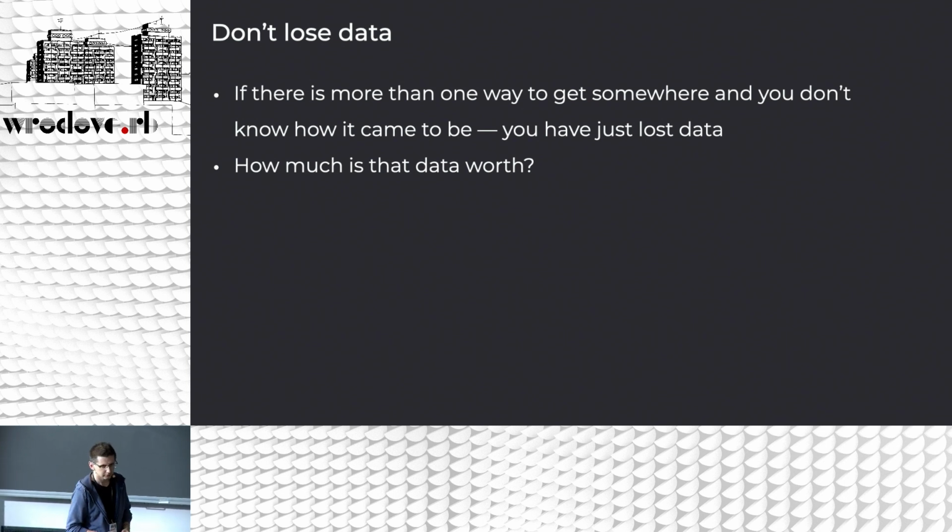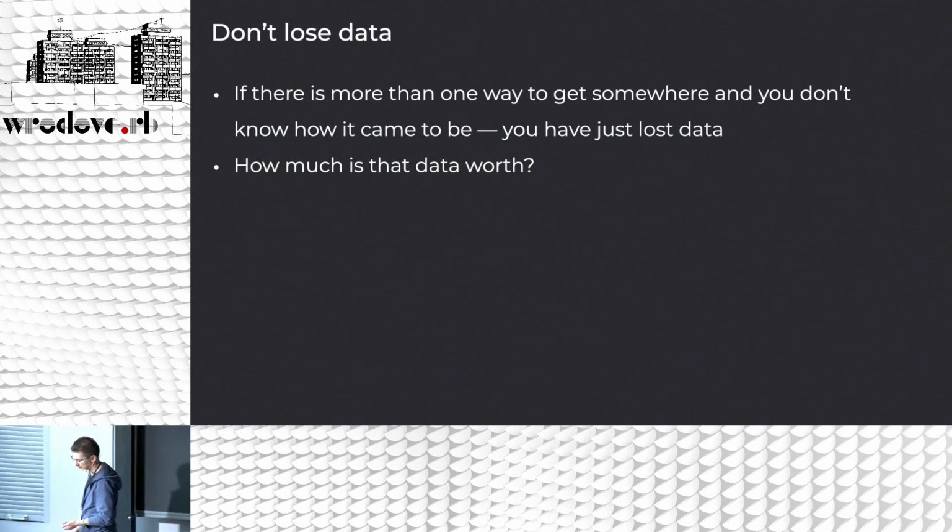If you have a point in your application that people, or a system, can reach using 2 different paths, and you don't know which path was taken, you've just lost data. You kind of cannot put a price on that. You might have a vague idea how much it might be worth, but how about in a year, or 2, or 3? You cannot put a future price on the data that you've lost, because more often than not, you didn't even know you should have stored it.